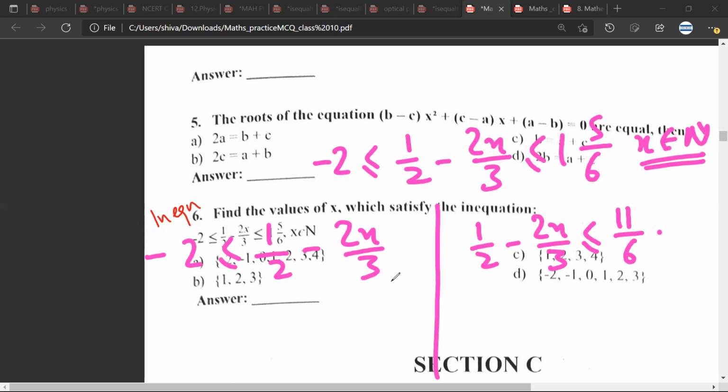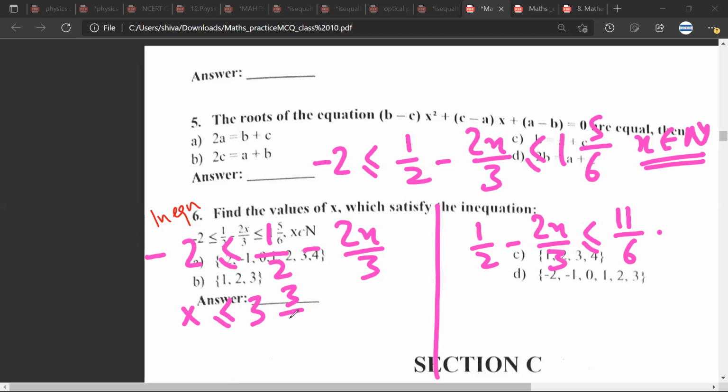Any doubt? No doubt. When we solve the first part, it will become x is less than or equal to 3 by 4.